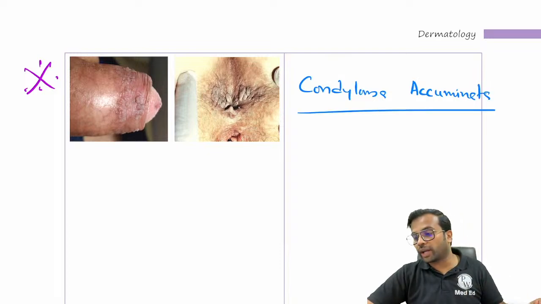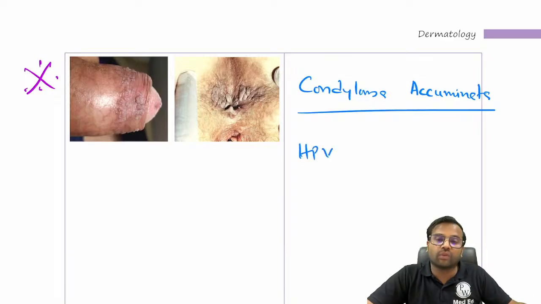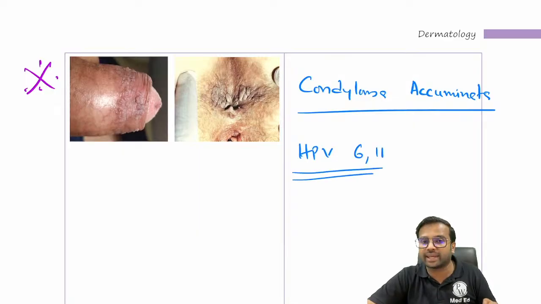And what is the type of human papilloma virus which can cause condyloma acuminata? Yes, HPV, human papilloma virus. You're absolutely right. So this is mostly due to HPV 6 and 11.